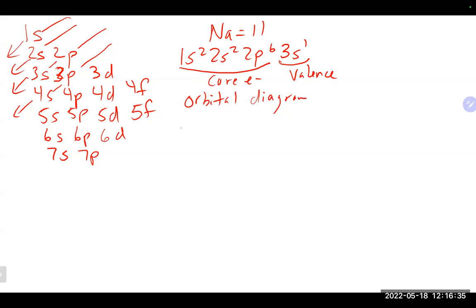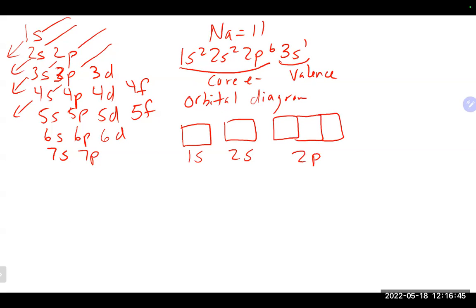And that's either a box or a line to represent each of the orbitals. So 1s, 2s, obviously the 2p subshell would have 3 boxes, one for each of the p's, and then one for the s here. When they do go into the orbitals, they do go up first, right? Followed by down.